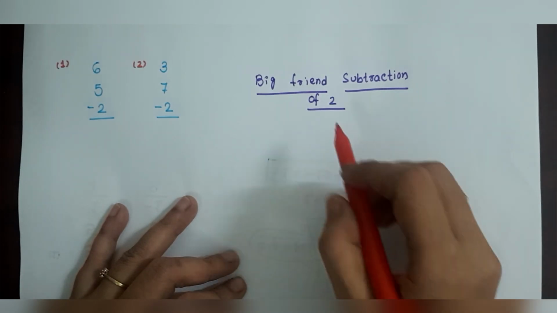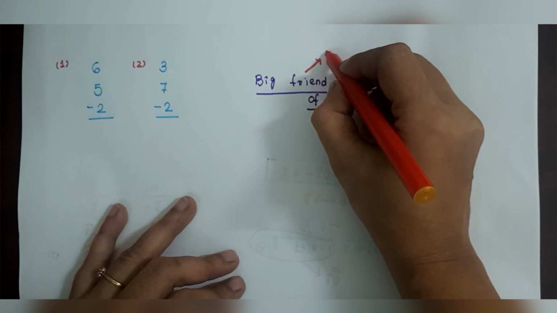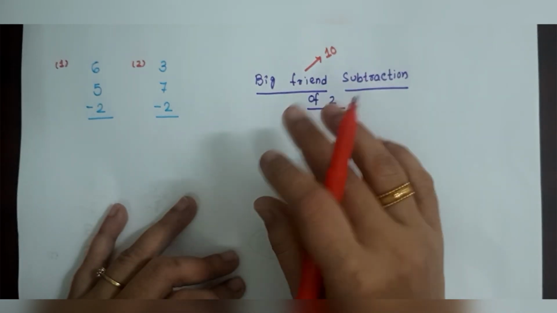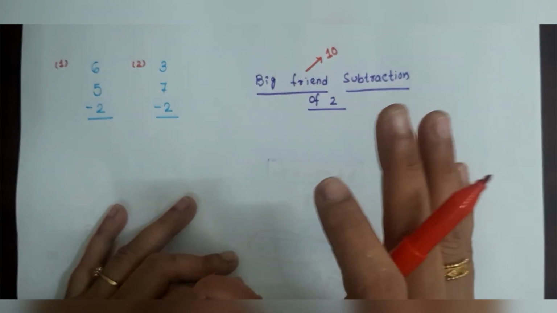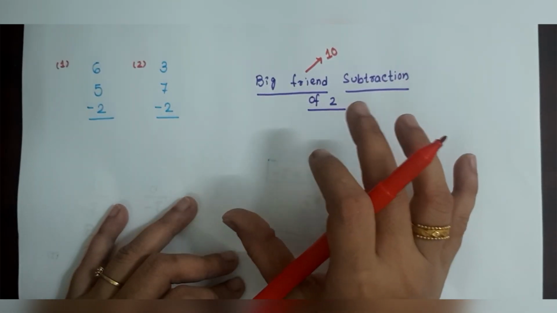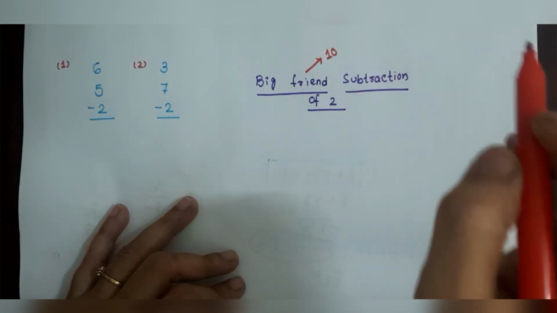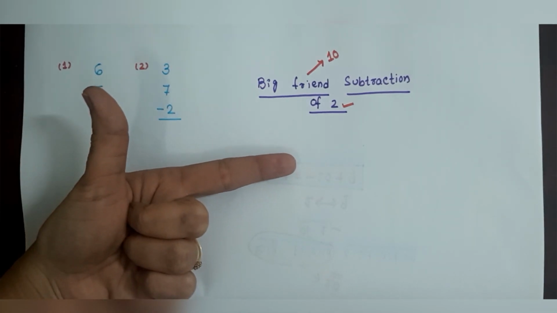Let me first tell you what a big friend is. Big friends are the numbers which add up to a total of 10. Which two numbers between 1 and 9, if we add them together, give 10? Those two numbers are called big friends of each other. So what is the big friend of 2? See, here I have 2 fingers.